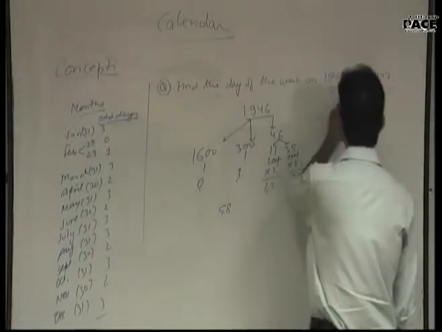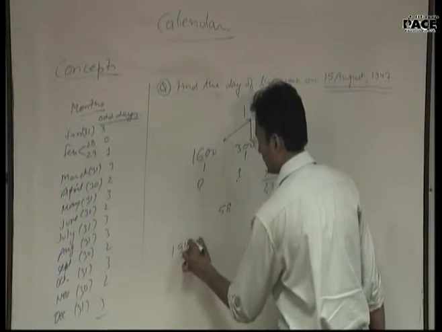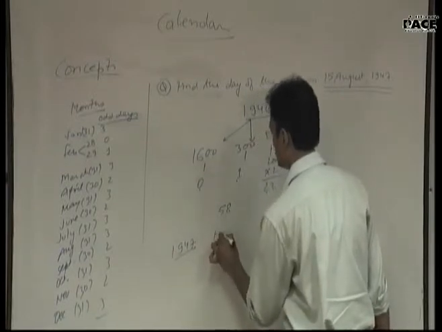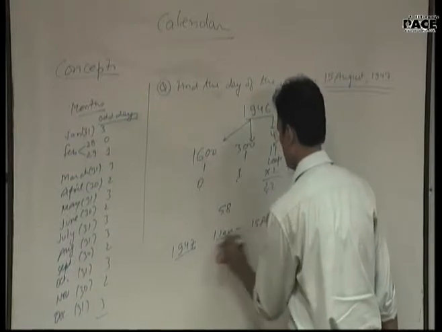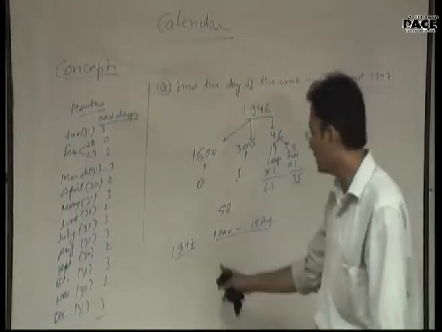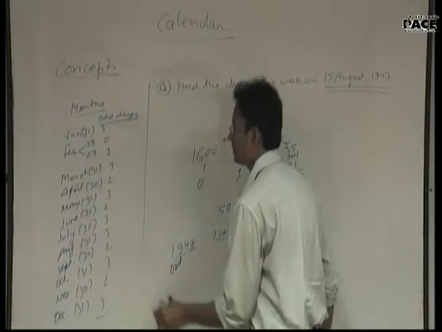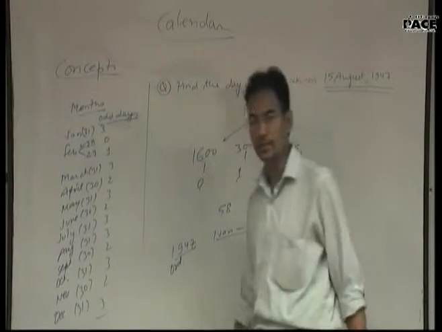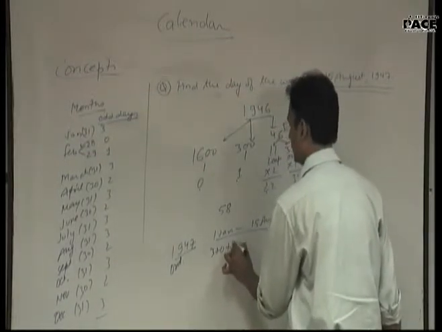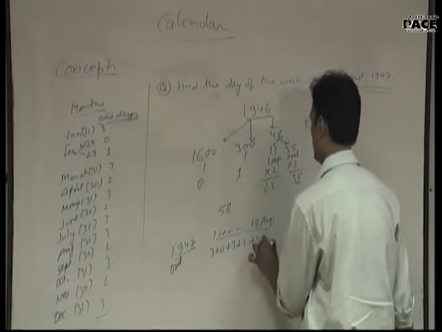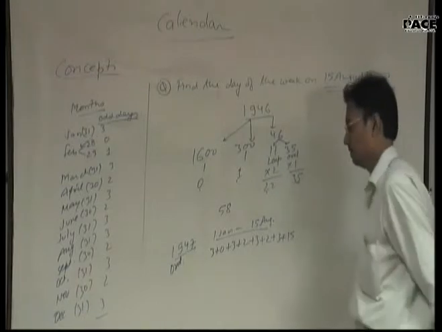Now, second thing, the year 1947, which is not completed, from 1st Jan to 15th of August. Now odd days for this year. This is an ordinary year, so we will consider 28 days for February. For January it is 3, February 0, March, April, May, June, July, and August 15 days.